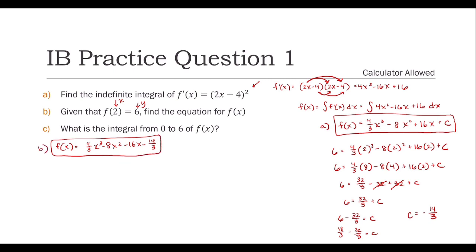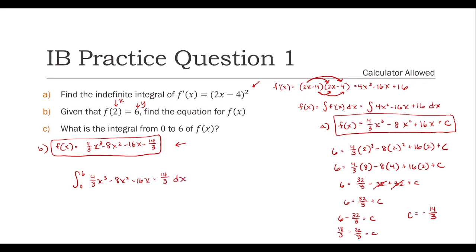So now part C says, what's the integral from 0 to 6 of f of x? So for the integral from 0 to 6 of f of x, that means we're going to put our function we've found into that integral. So integral from 0 to 6 of 4/3 x cubed minus 8x squared plus 16x minus 14 over 3 dx.